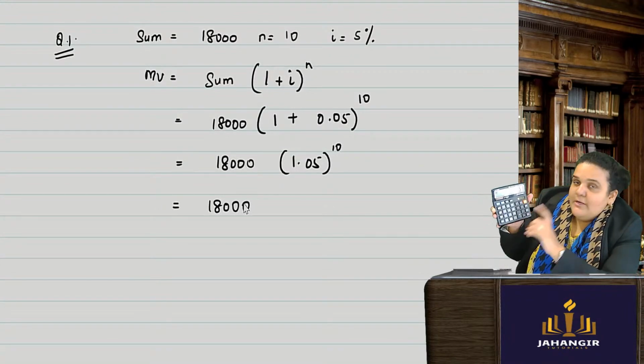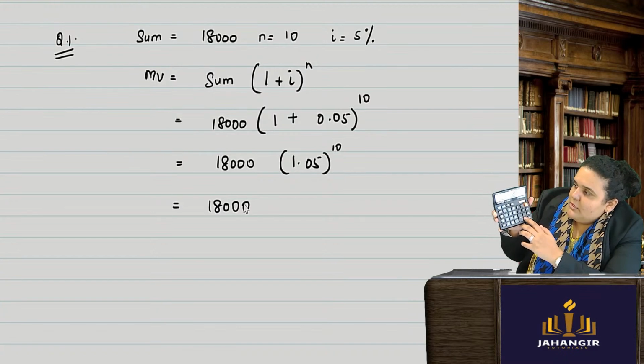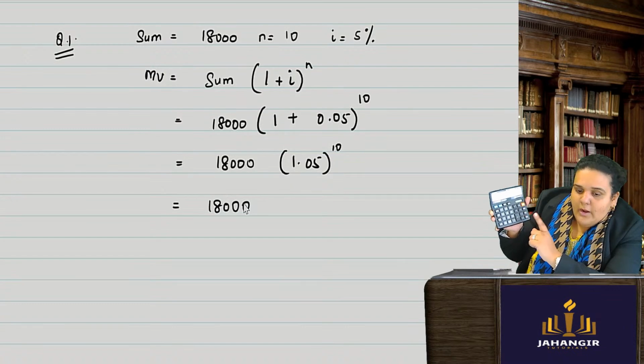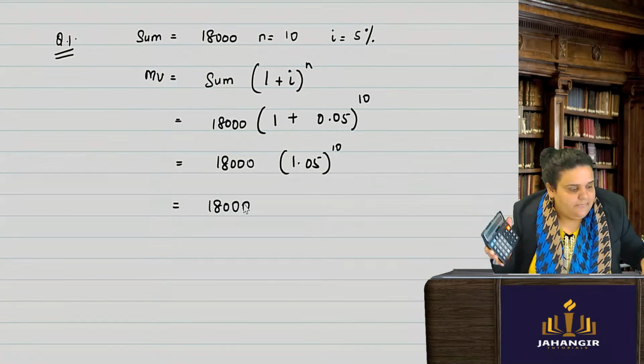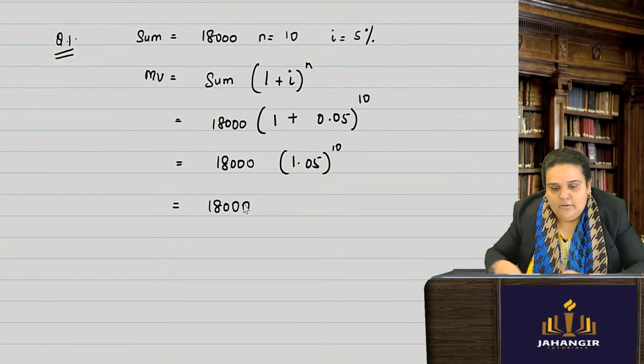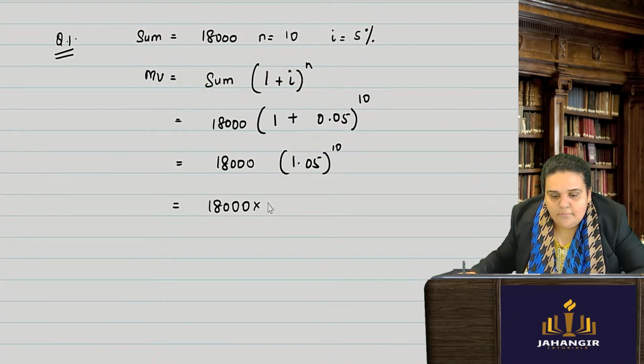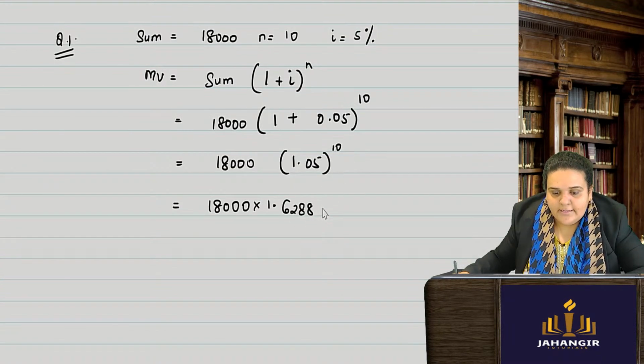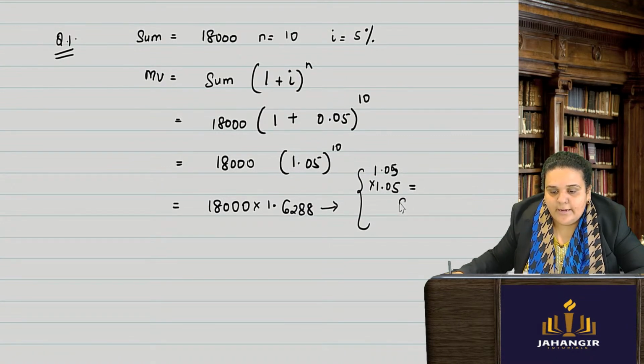So now just press equal to 9 times: 1, 2, 3, 4, 5, 6, 7, 8, 9. That gives 1.6288, and it is actually correct. You can write it down: I did 1.05 into 1.05 and pressed equal to 9 times.